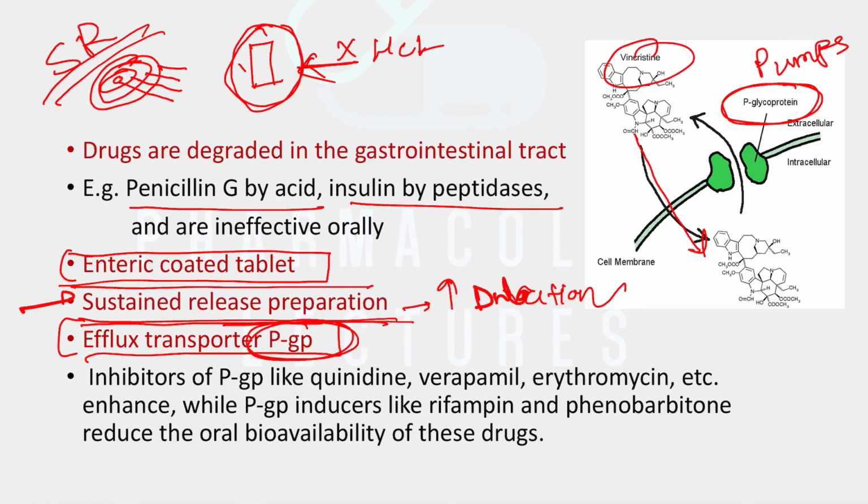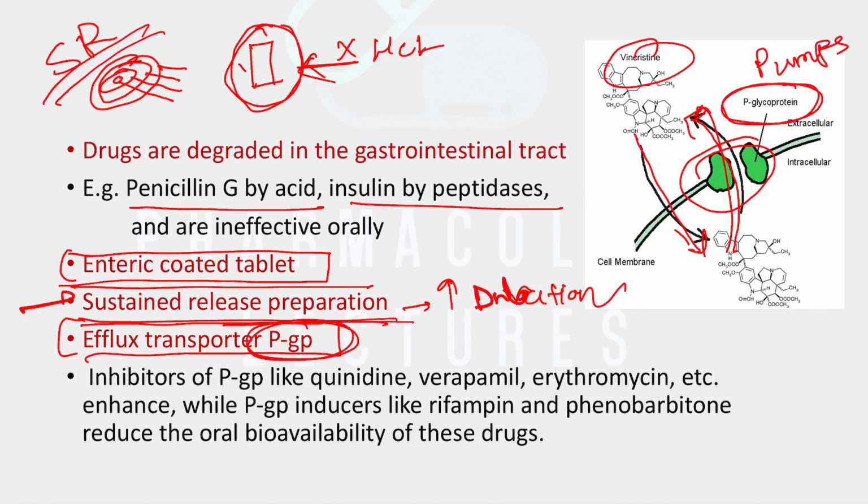But this pump will push that drug out of the cell. So the drug goes inside the cells by itself, but because of these pumps the drug is released, and because of that, the action of that drug cannot be accomplished.